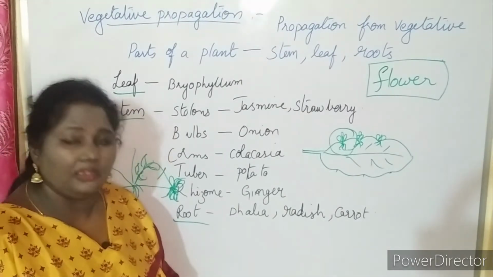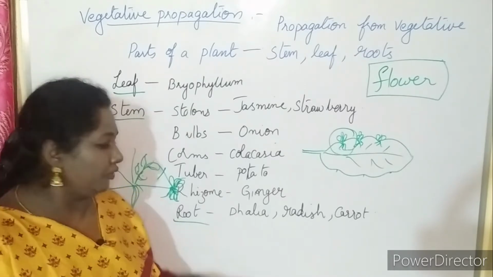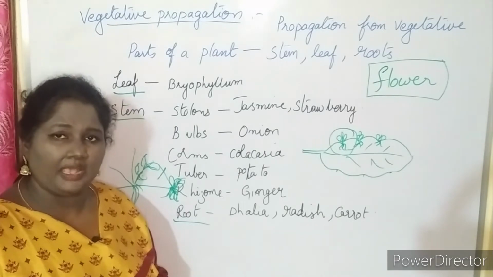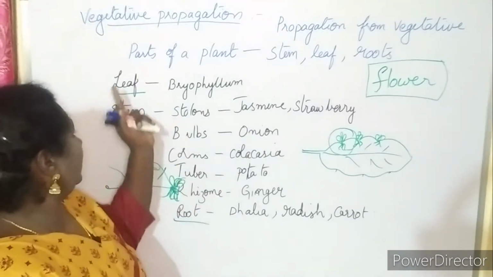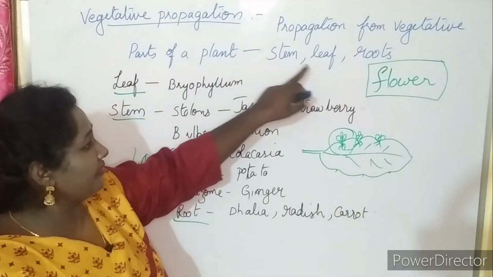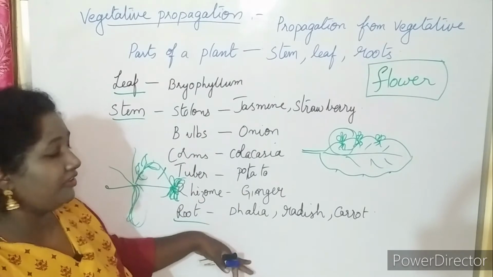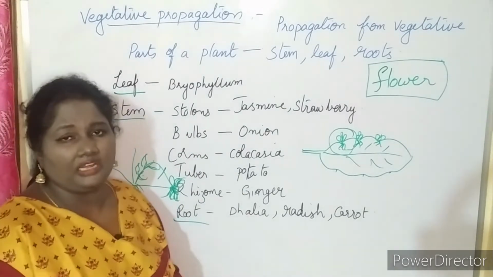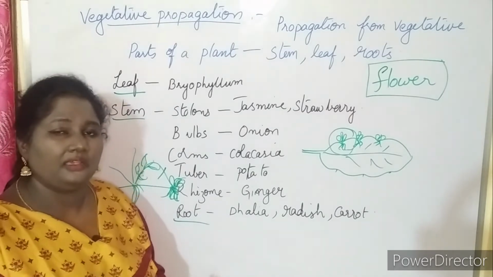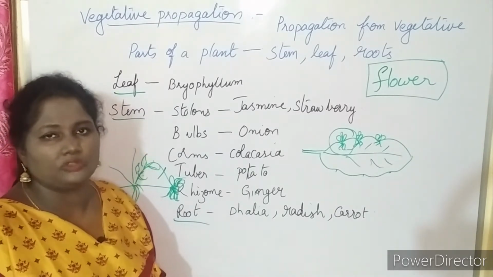Now we will see what artificial propagation is. Up to now we have discussed natural propagation, which happens through the vegetative parts of a plant such as stem, leaf and roots. Now we will see artificial propagation. Artificial propagation means man-made propagation: we cut the plant and place it in another place, and it grows into a new plant.